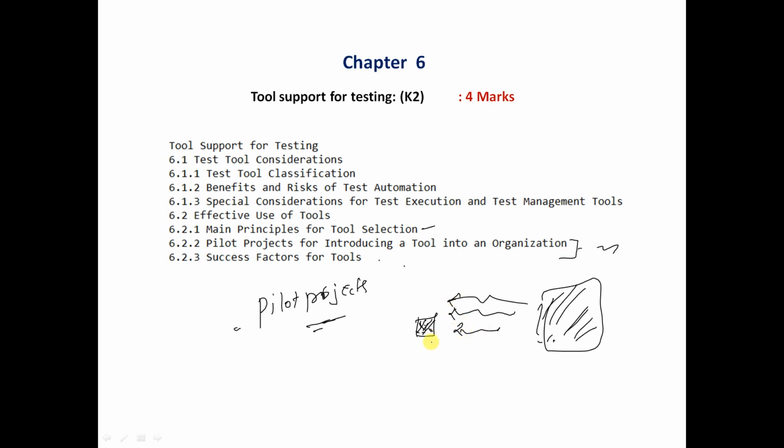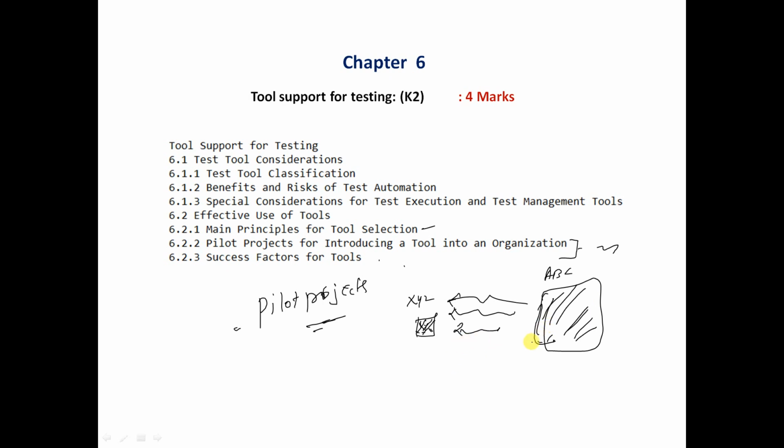Say this is ABC, a company, and here is a company called XYZ. Your company is XYZ, a small company, and they are a tier 1 company. Now the ABC company wants a person from XYZ to work in the ABC company.